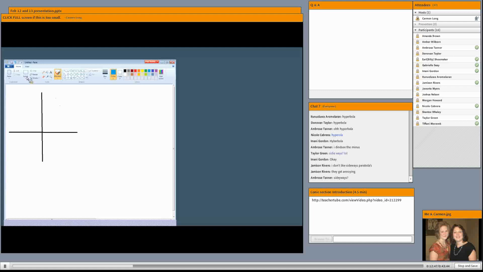parabola opens downward, which means the directrix is still horizontal, but it's above it, right? The focus is on the distance c here, and you still have this as a distance c here, except for this one, there's going to be a negative number in front of the x squared because it went down.